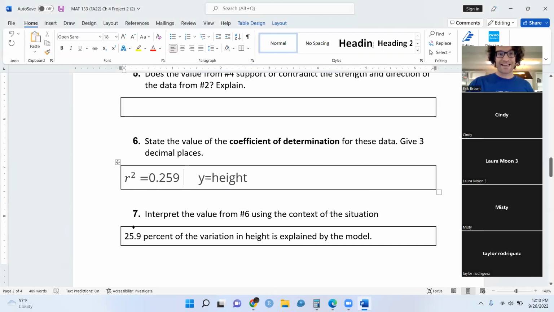Other common mistakes I see on interpreting the coefficient of determination, people want to write out a slope interpretation. I've seen some crazy things written here, and it's mostly because those students didn't have a chance to practice, is really what it comes down to. So I'm not afraid for that for any of you here.